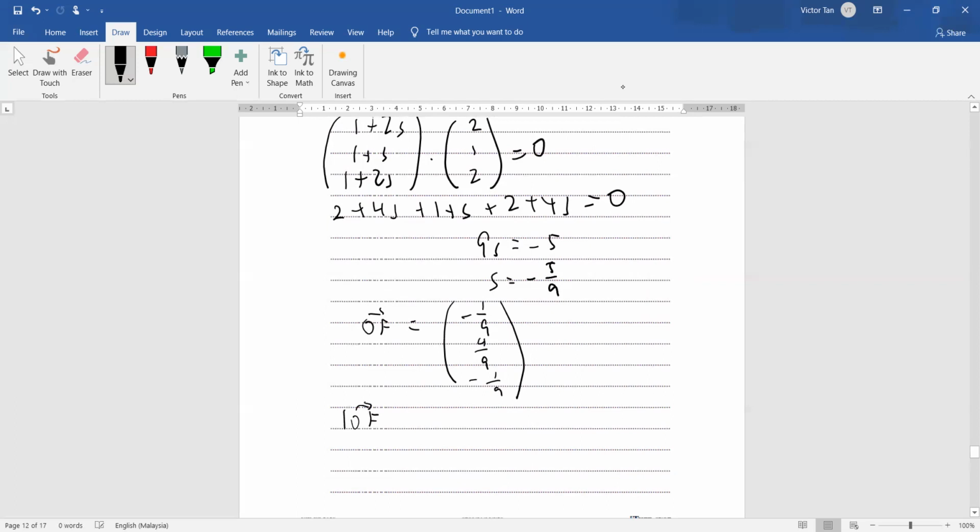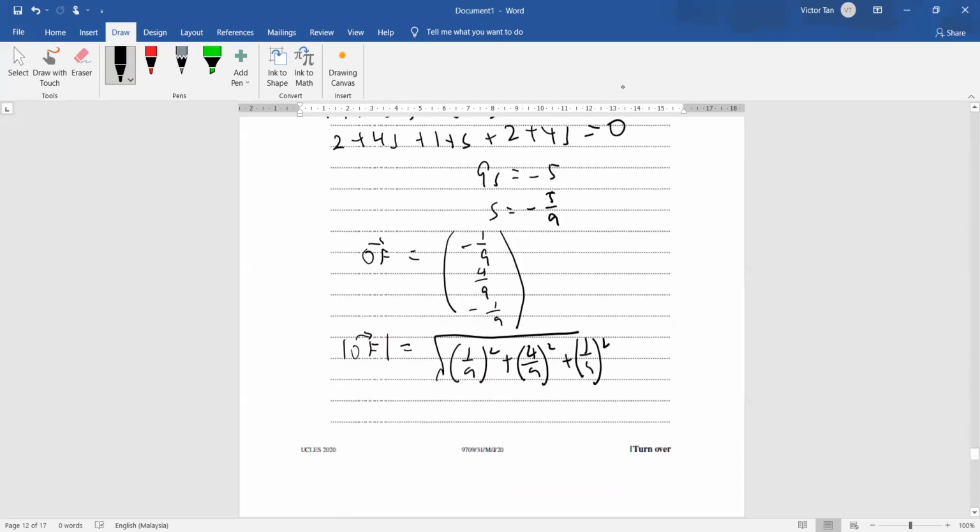So the perpendicular distance is just the magnitude. This is just 2 over 18 over 81. Okay. 2 over 3. That's it.